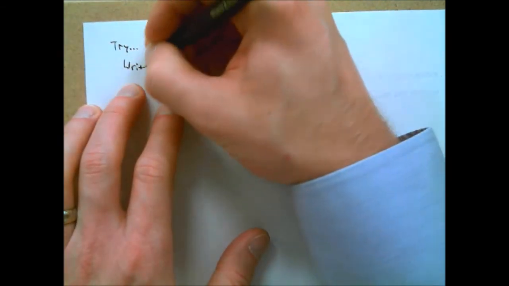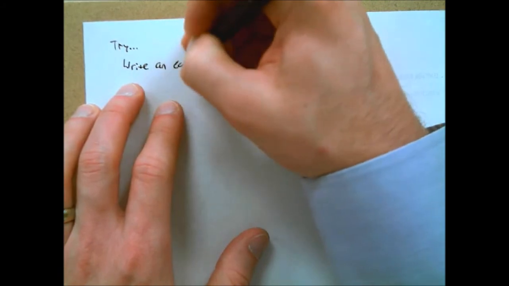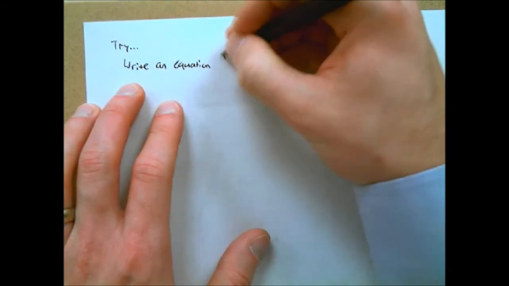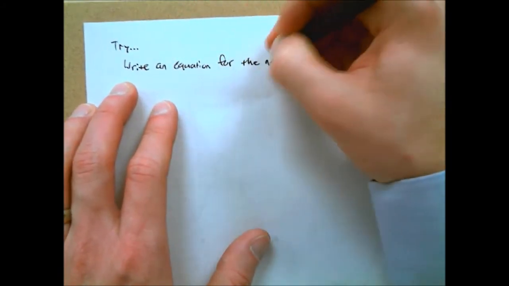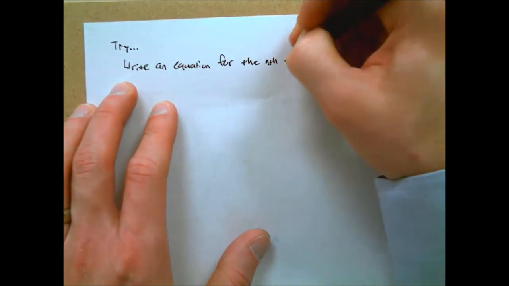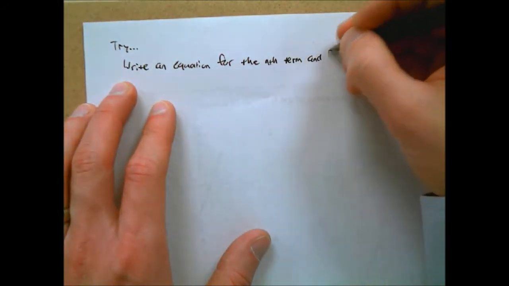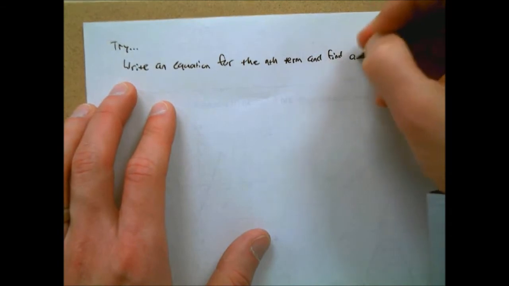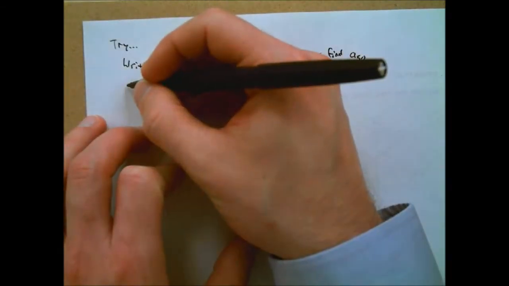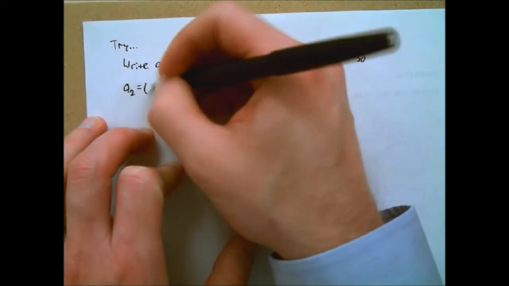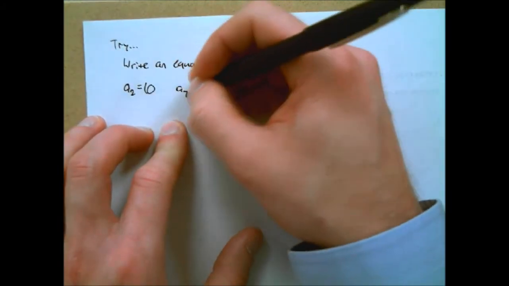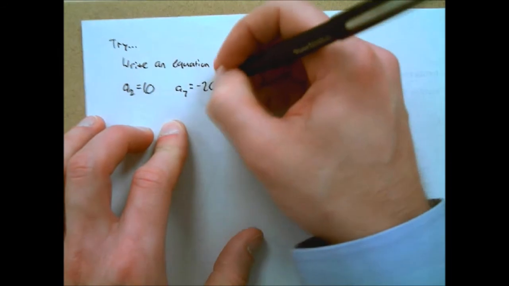Same directions here. Write an equation for the nth term. Find a sub 50. Okay, and here's our information. A sub 2 is equal to 10. A sub 7 is equal to negative 20.